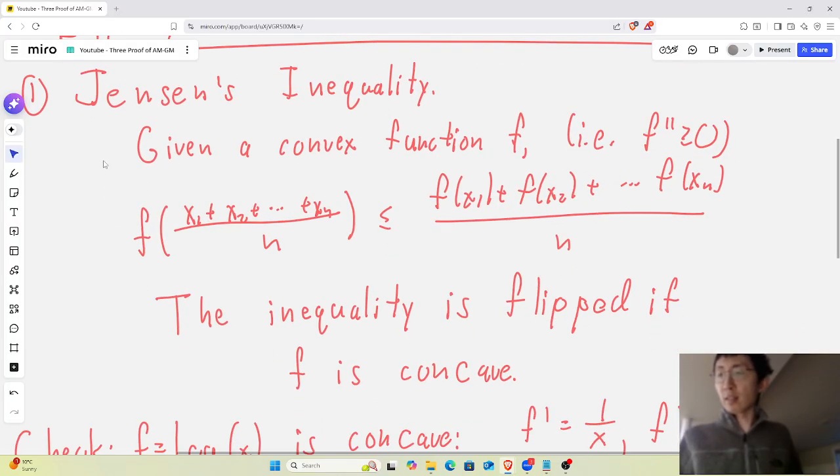So Jensen says, given a convex function f, so that means that the second derivative of f is never negative, that f of the average of the xi's is less than or equal to the average of the f of xi's. So the inequality is flipped if f is concave.